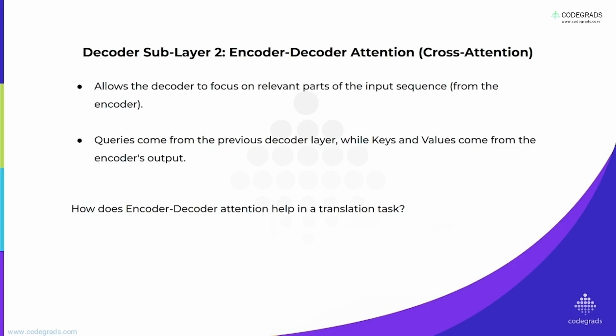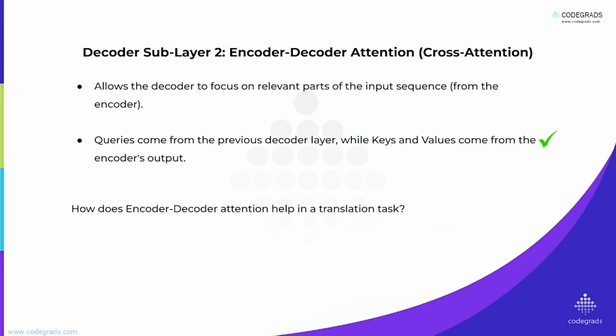Now for sub-layer 2, we have the encoder-decoder attention, that is the cross attention. It allows the decoder to focus on relevant parts of the input sequence, which we get from the encoder. Its query comes from the previous decoder layer while keys and values come from the encoder output. Now this layer allows the decoder to look at the encoder output and decide what parts of the input to focus on. For example, in translation, we had the example like "the cat sat on the mat".